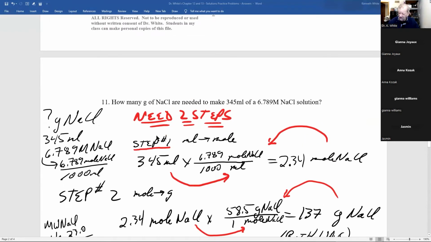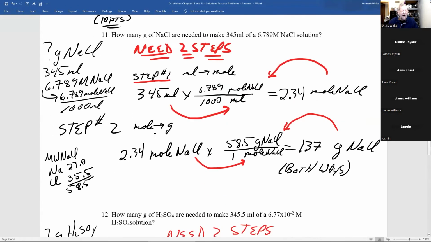And if this were on something you see in the future from me, it would say this, 10 points. How many grams of sodium chloride are needed to make 345 milliliters of a 6.789 capital M NaCl sodium chloride solution?